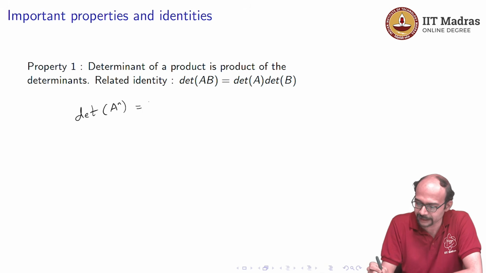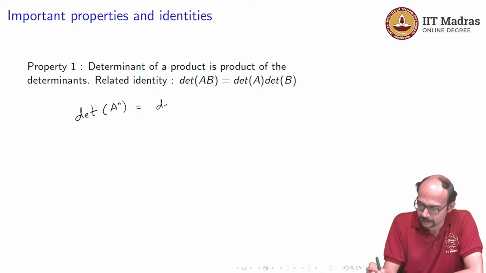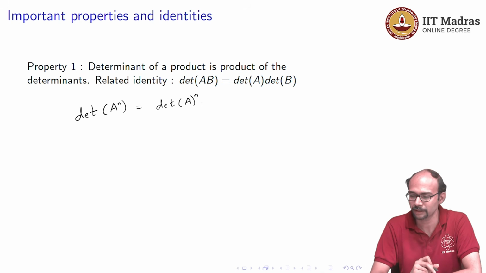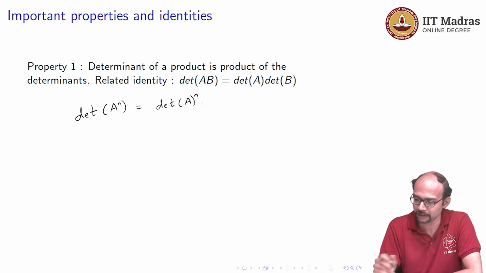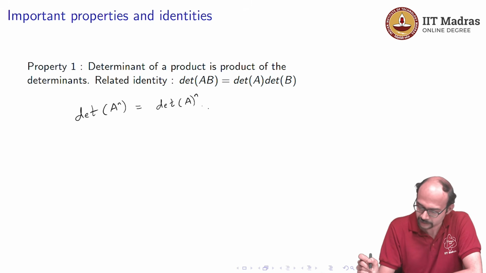And what this identity tells you is that you can take this power out. So determinant of A to the power n is determinant of A to the power n.